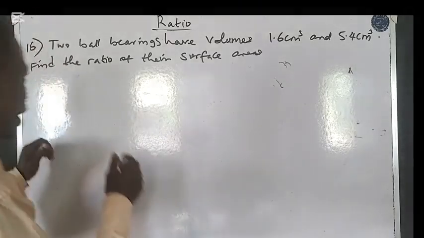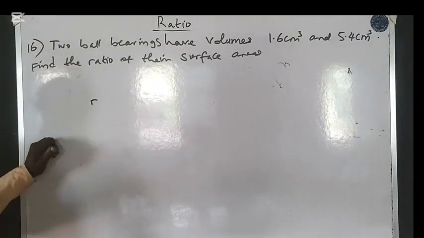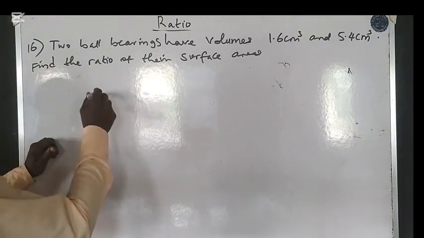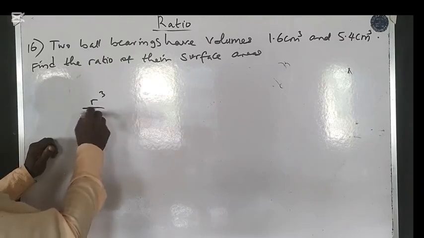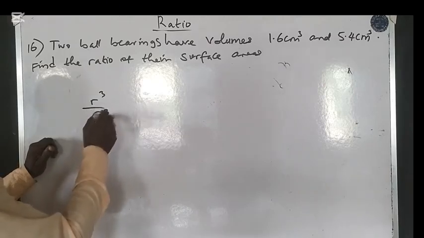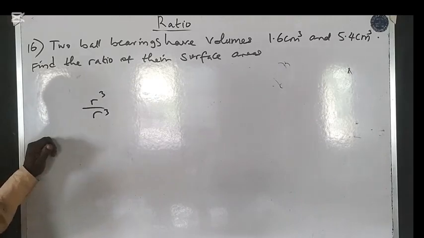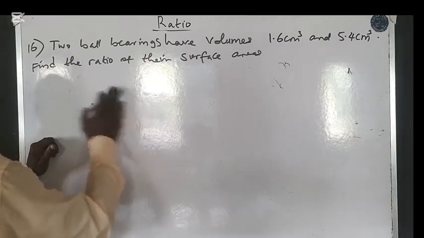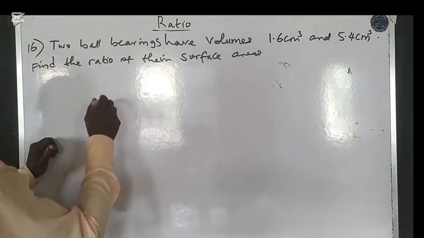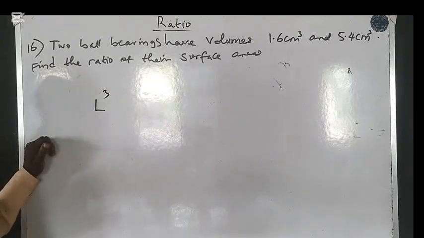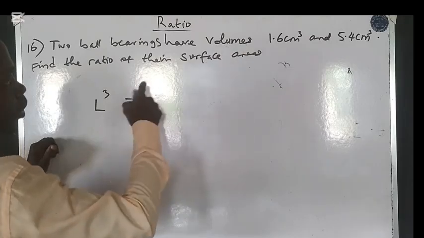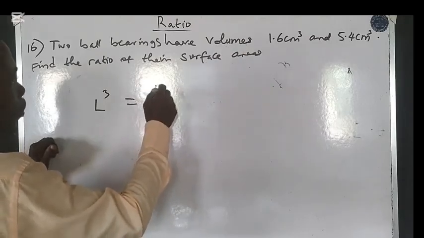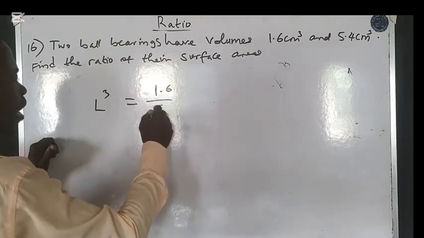So we say the radius of the small one, cubed, over the radius of the big one, cubed. So we can just write it as L cubed. L cubed equals what now? 1.6 over 5.4.